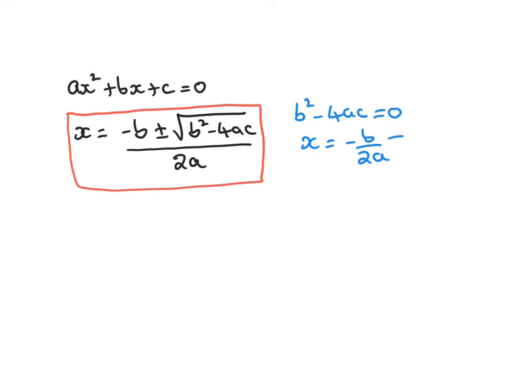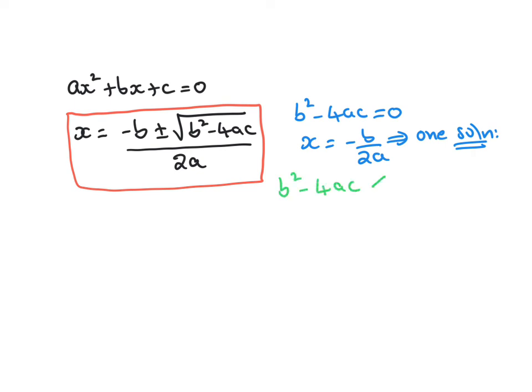So we will have only one solution to this equation. When b squared minus 4ac is equal to 0, we will have only one root for the equation.